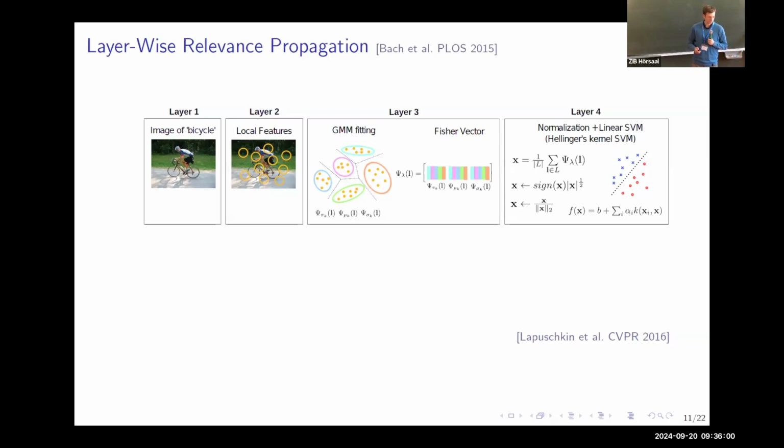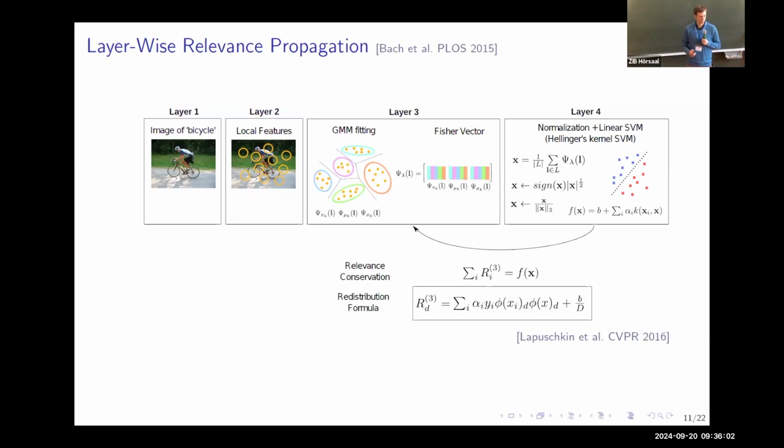And then you start from there, and you will see at the output of your classifier some score, evidence for example, here the class bike, and you propagate it based on specific propagation rules, which basically identify what are the structures, the internal structure of the classifier, which have contributed to the prediction.